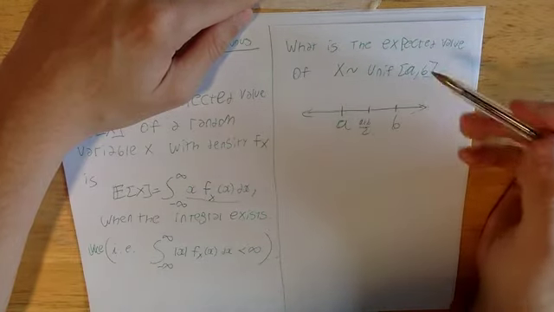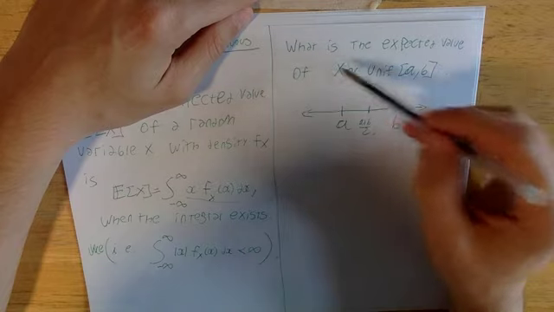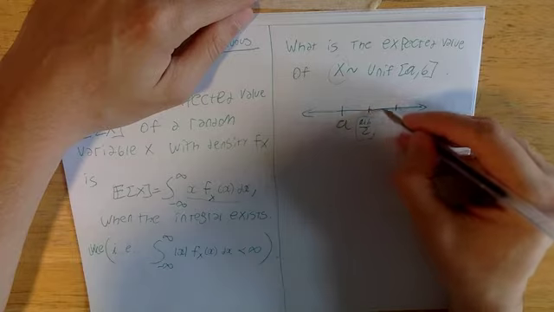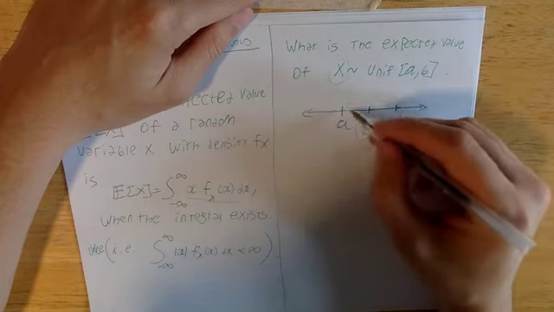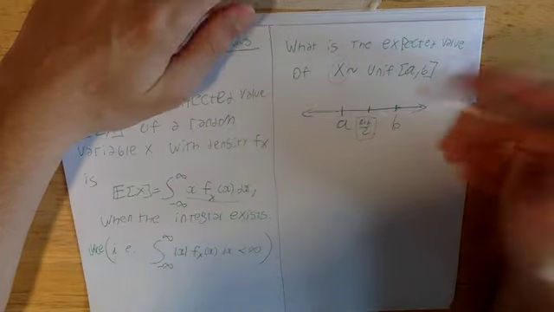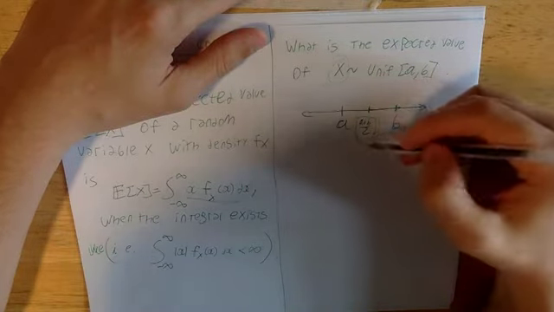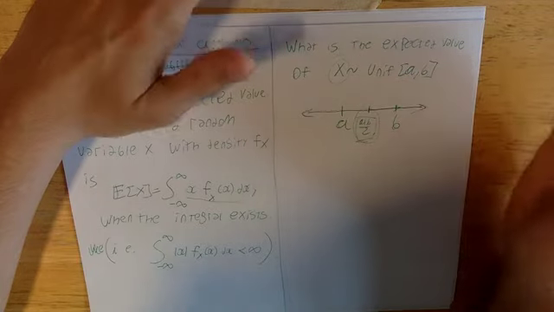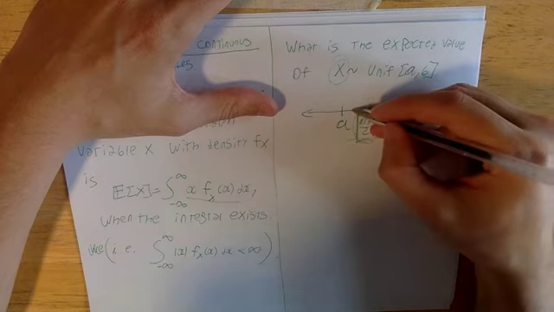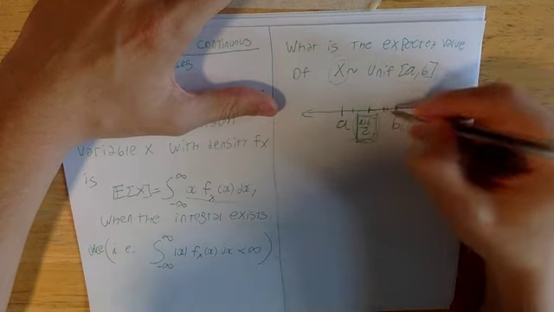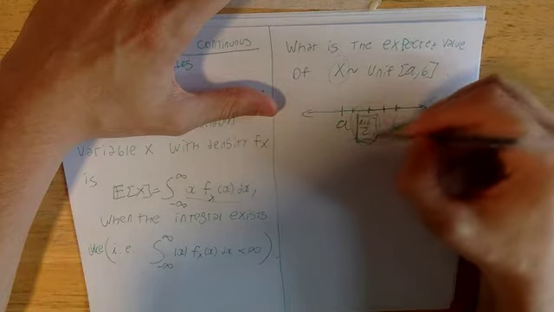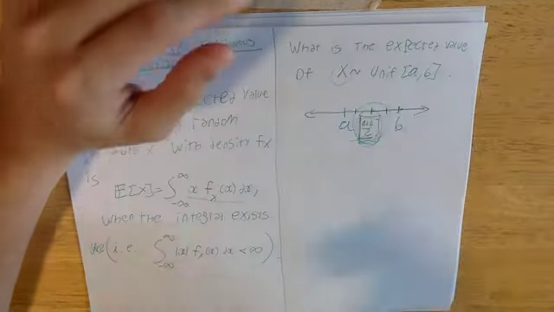The idea is that the expected value of X will be the midpoint, because it's as likely that you are over this point as under this point. It's not that the most likely outcome is this, but on average you are going to get something close to that. The point that is closest to every point in the interval is going to be a plus b over 2.